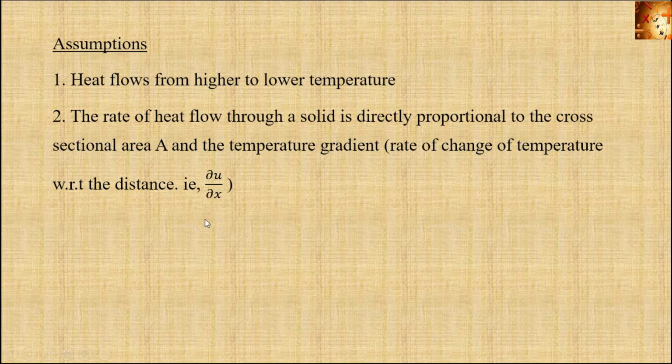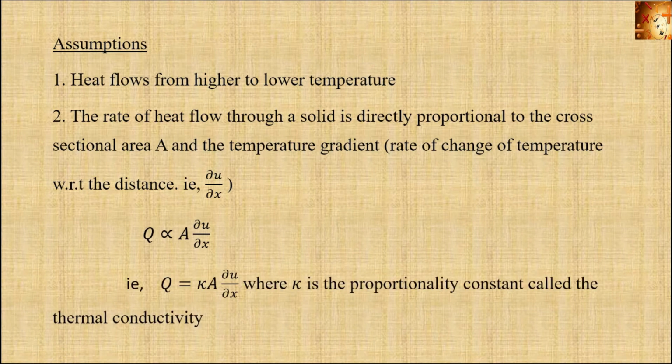That is, Q is directly proportional to A ∂u/∂x. Here A is the cross-sectional area. To change the proportionality into an equation, we need a proportionality constant, that is, Q = KA ∂u/∂x. Here K is the proportionality constant, which is called the thermal conductivity.